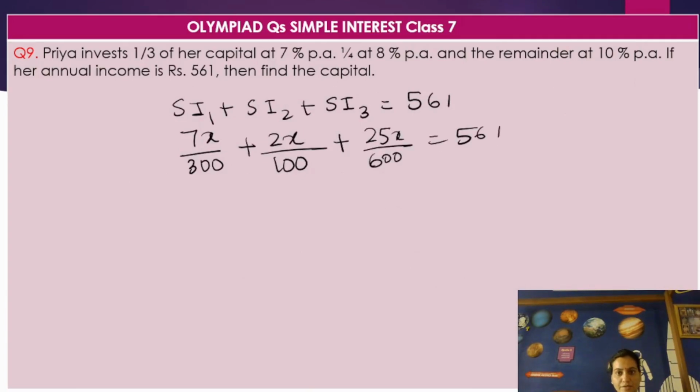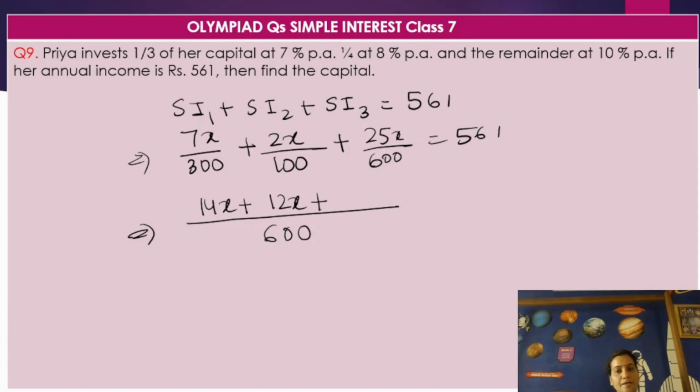Equal to 561. So what will be the LCM of all these? The LCM will be 600. 600 divided by 300 is 2, and 2 gets multiplied with 7, it becomes 14x. 600 divided by 100 is 6, and 6 gets multiplied with 2, it becomes 12x.